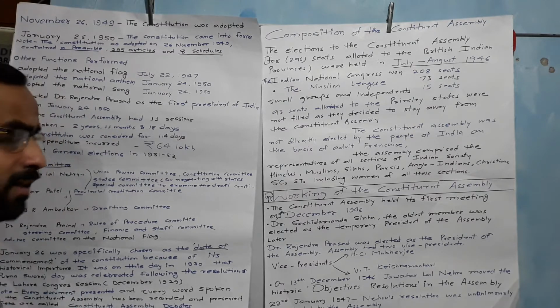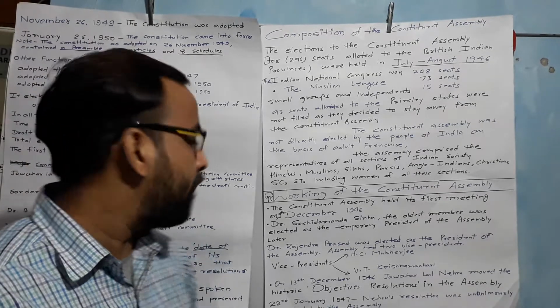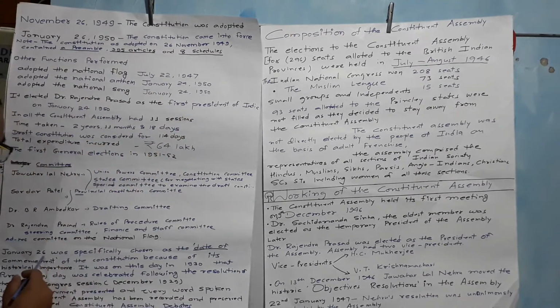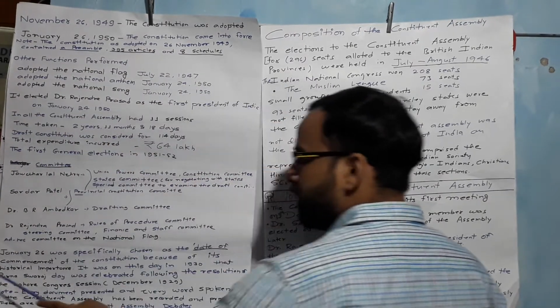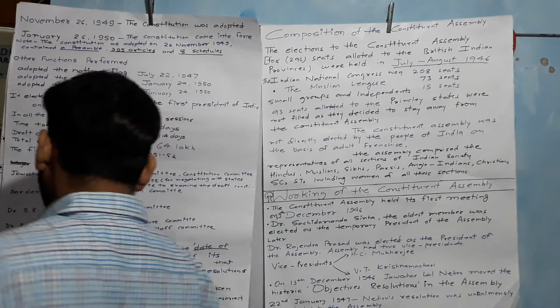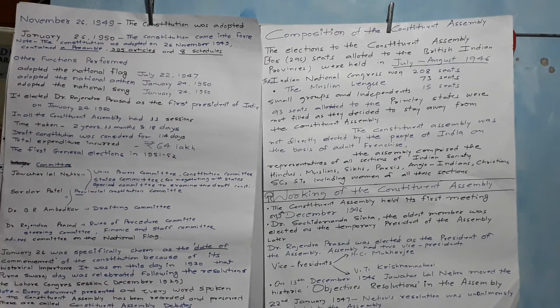And the most important question is, why was 26 January chosen for the Constitution to come into force? The answer is that January 26 was specifically chosen as the date of commencement of the Constitution because of its historical importance.